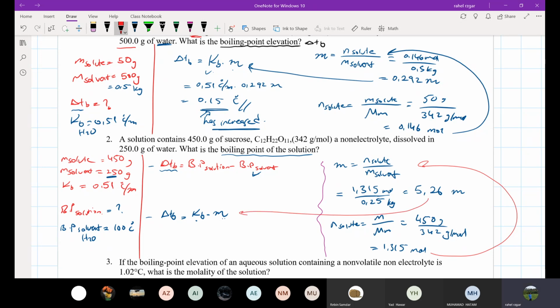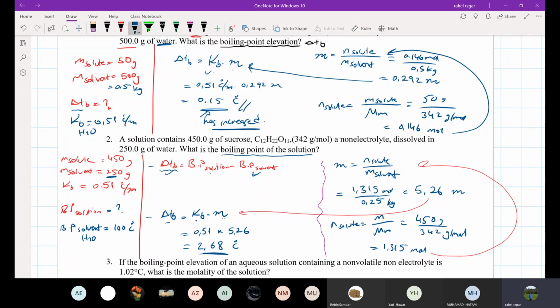Now delta TB is equal to 0.51 times 5.26. It's equal to 2.68 Celsius. But what is this? Only delta TB. It is only the change.